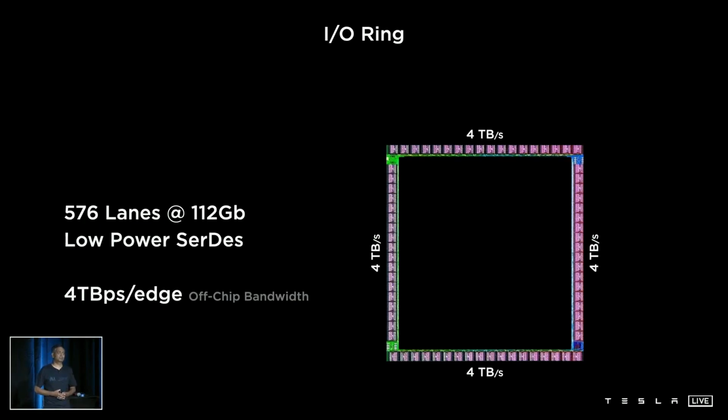Just to give you a comparison point, this is more than 2 times the bandwidth coming out of the state-of-the-art networking switch chips which are out there today. And network switch chips are supposed to be the gold standards for I/O bandwidth.